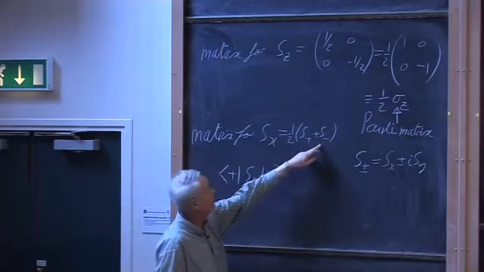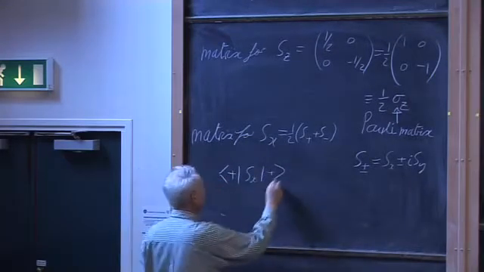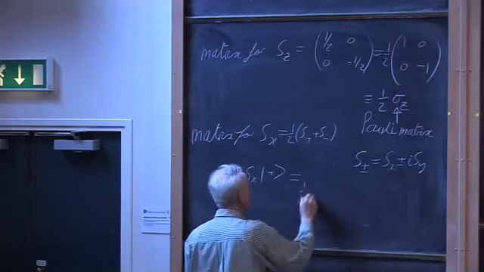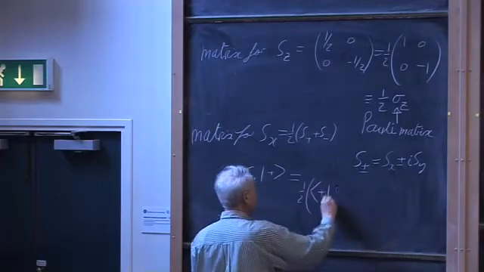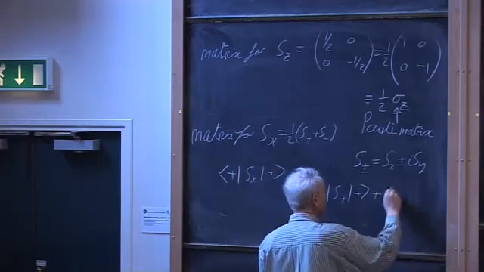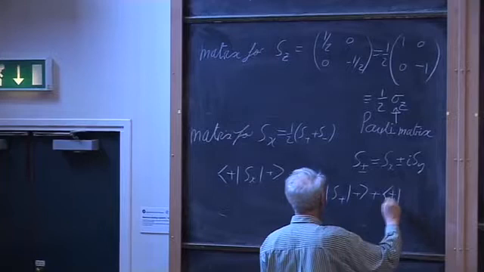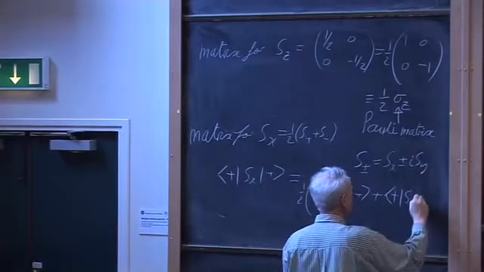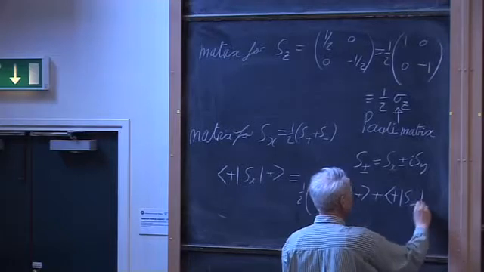So this is definitely the case. So this thing here can be written as a half of plus S plus plus, plus S minus plus. Sorry, this is what I'm trying to calculate.